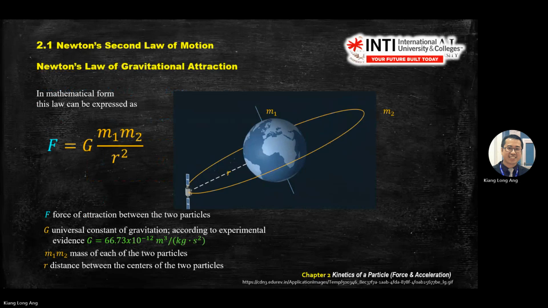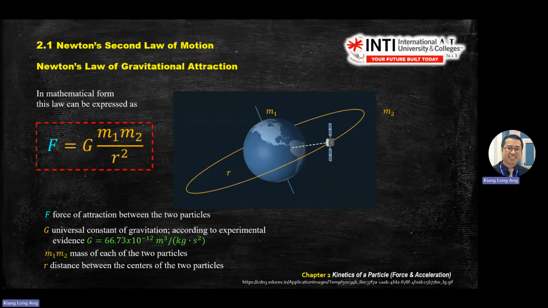G is a universal gravitational constant, 6.67 times 10 to the power negative 11 meter cubed over kilogram second squared. M1 and M2 are the object masses, and R is the distance between the two.